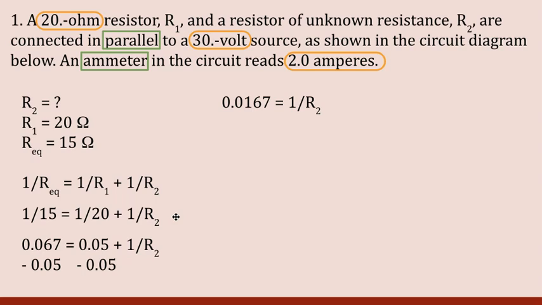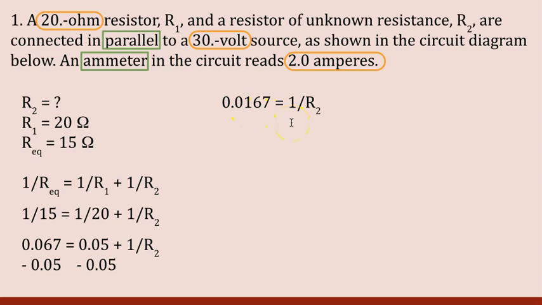Here's where it gets a little bit tricky with the rounding. Technically, the physics regents isn't supposed to take off points for rounding, but if you round so much in the middle of your problem that your answer is too far off, you may not get the credit. So that's why it's important that I'm really doing 0.0167. I wouldn't want to just cut this off at 0.01 or round it to 0.02.